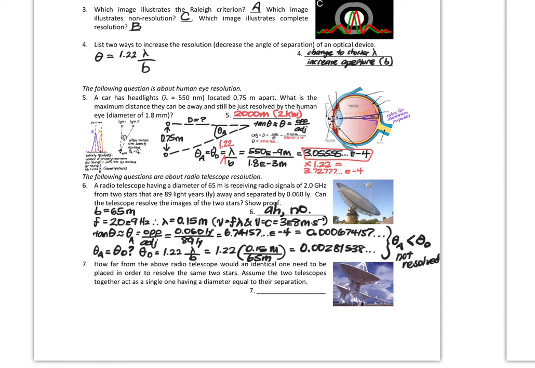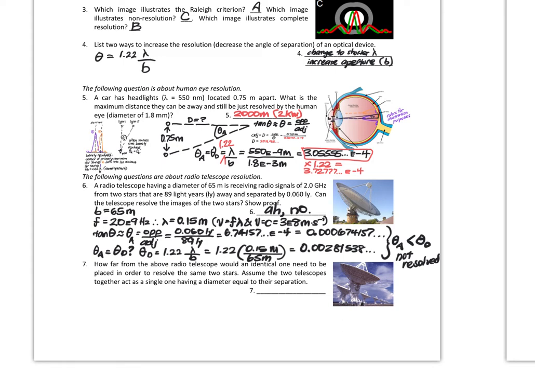So basically it's the same question as number 6, but they're asking what would B be in order for the diffraction angle to be equal to the angle that the two stars subtend? That would be the Rayleigh criterion for barely resolving.